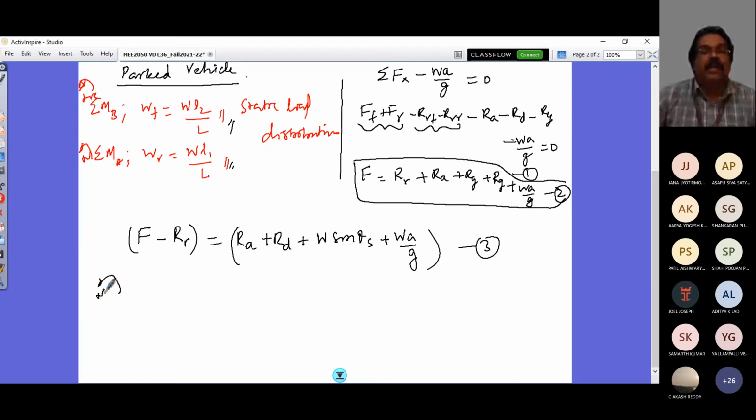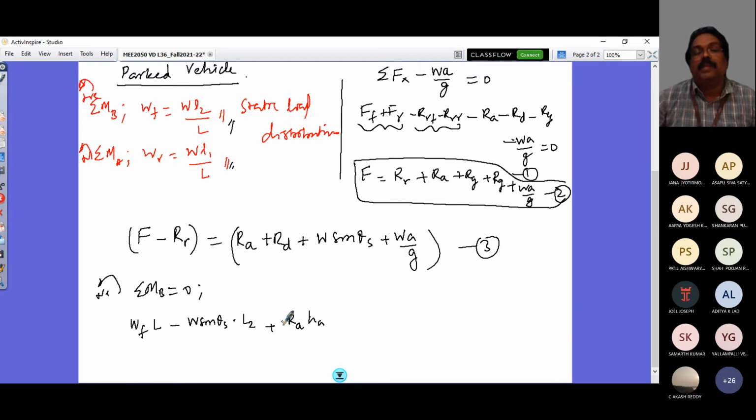Considering counterclockwise moments positive, I'm taking moment about point B on the free body diagram on my right, which I've just shown. That's going to be WF, the front axle load, into the wheelbase distance L, minus the next moment, which is by the weight, W cos theta S into L2, plus the aerodynamic resistance, RA into HA.